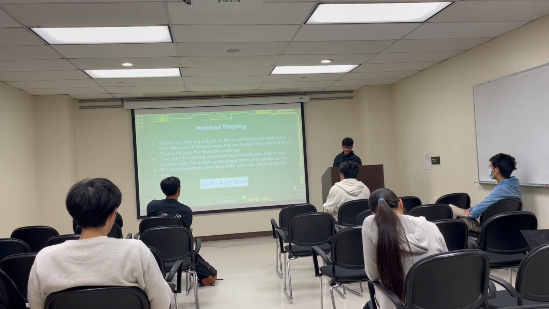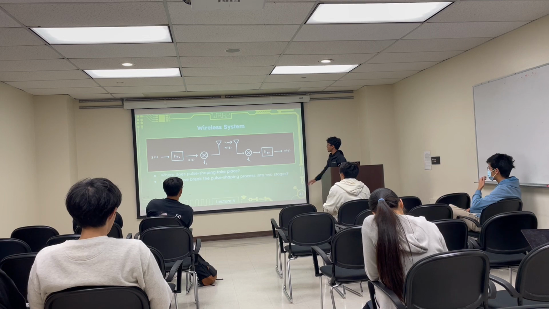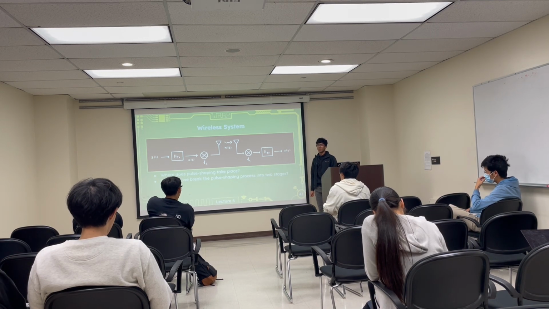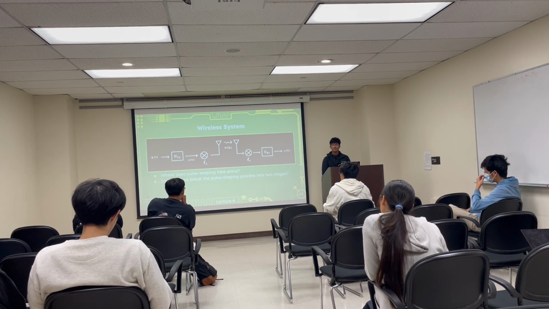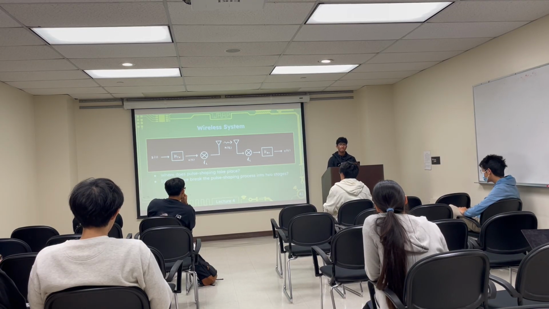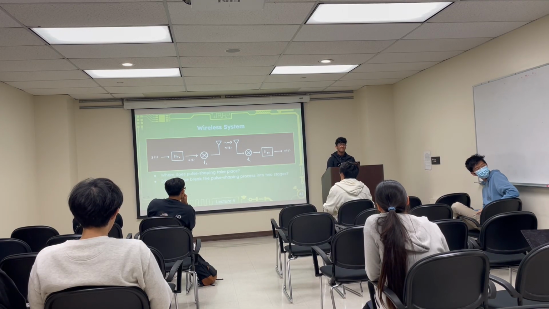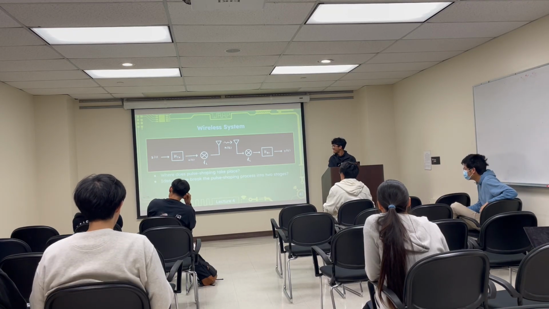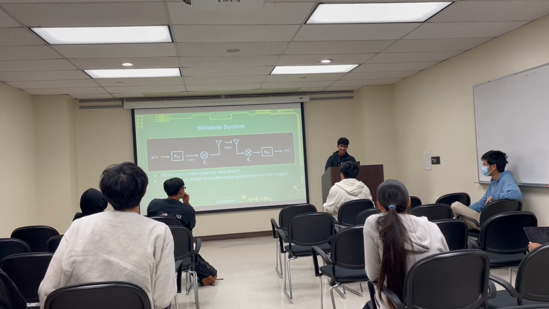Another thing you might notice from this diagram here, I guess I haven't made it clear, is that there's no low pass filter anymore. So why might that be the case? I'll give you guys a hint.